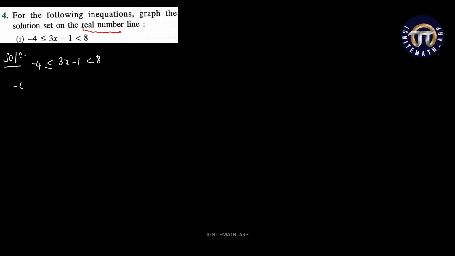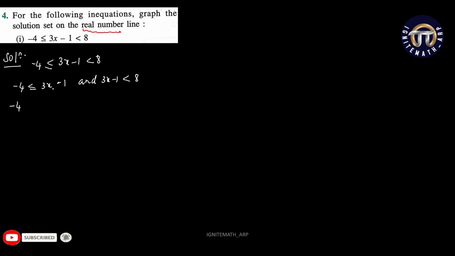Look at this. -4 is smaller than or equal to 3x minus 1, and 3x minus 1 is smaller than 8. Clear? So solve one side of the inequation first and concentrate on the other side later. Right now I'll concentrate on this part of the inequation.